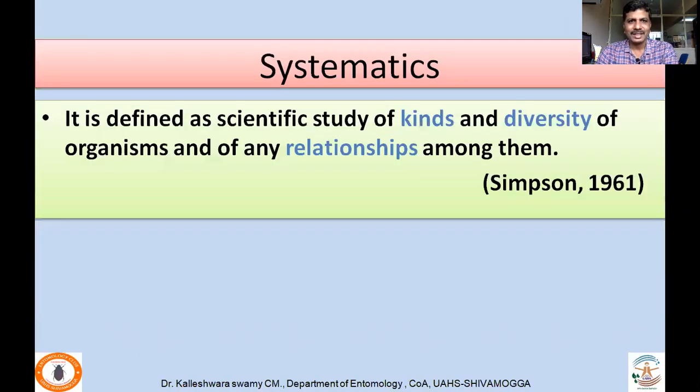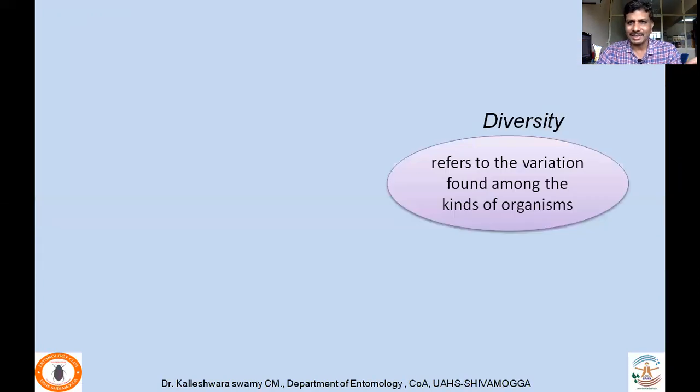Whereas systematics is defined as the scientific study of kinds and diversity of organisms and of any relationships among them. Although it looks complex, if you understand these terminologies, the meaning of systematics can be easily understood. Okay, so you know that there is a diversity.